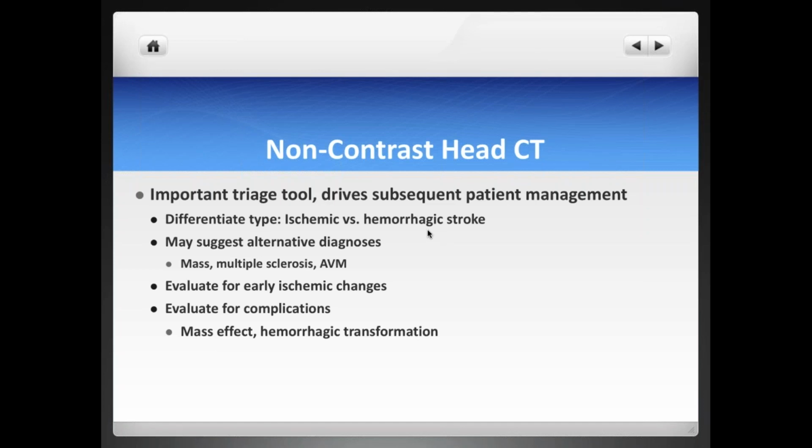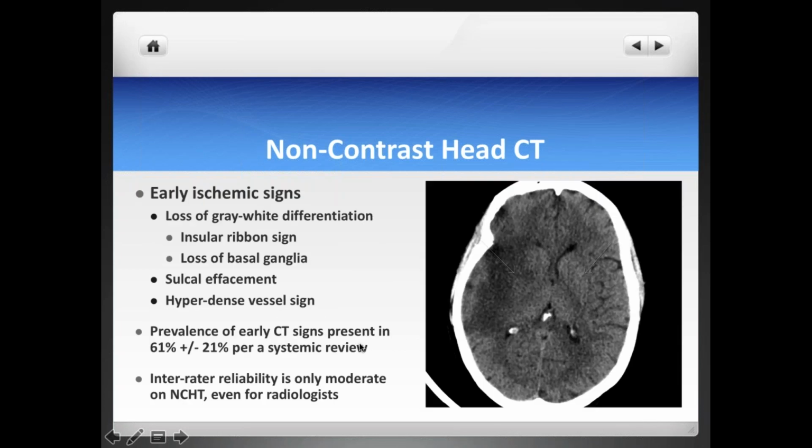So that's going to be the first important question that the non-contrast CT is going to answer. It's also going to suggest an alternative diagnosis if there's a mass mimicking a stroke, or other diseases that could be stroke mimics. It can help evaluate for early ischemic changes, which can be very important in patient selection, and I'm going to show you some slides about that. And of course, it can evaluate for complications of stroke, such as mass effect and hemorrhagic transformation.